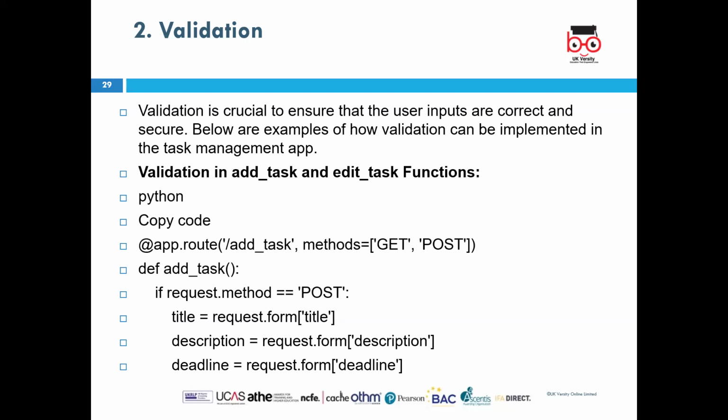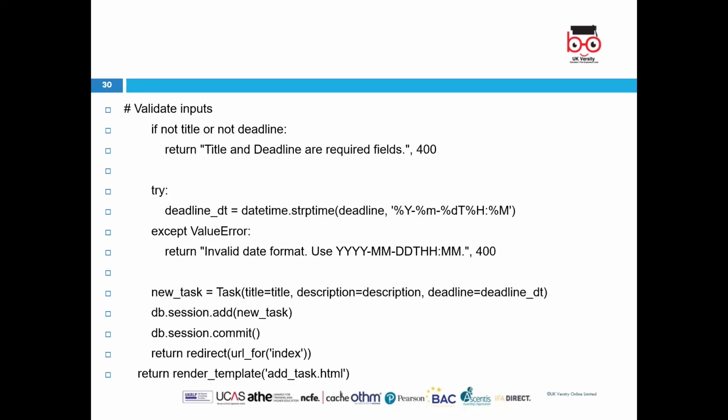We have title, description, and deadline again. When we see a hashtag, we're making a comment, and this comment says that we're going to declare our validate input, and if this doesn't meet the deadline, we're going to return a string that says title and deadline are required fields.